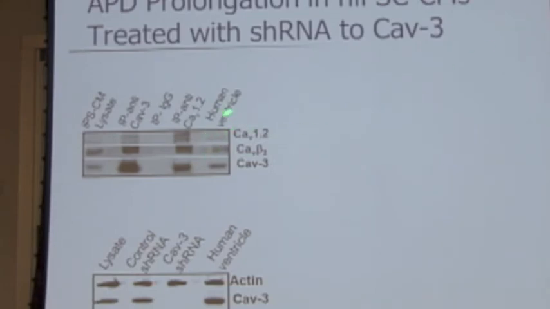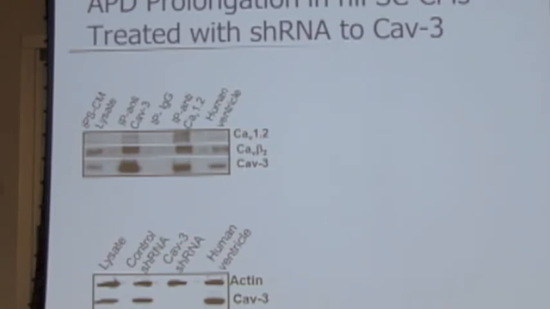And we throw in a little human ventricle here too, where we see these different proteins present in the human ventricle. So for the experiment we did, we then took the siRNA control and didn't see any effect on CAV3, but in these iPS cell-derived cardiomyocytes, we could really get rid of the immunoreactivity or the protein level that is detectable of CAV3 without really impacting another caveolin isoform or actin immunoreactivity.